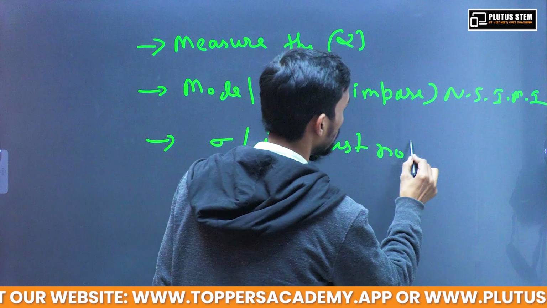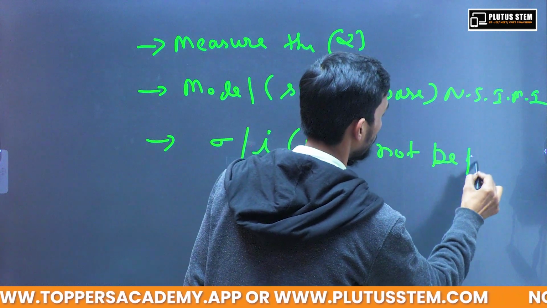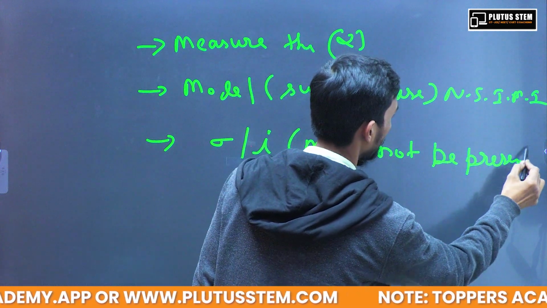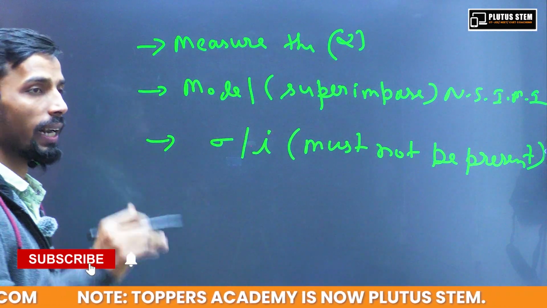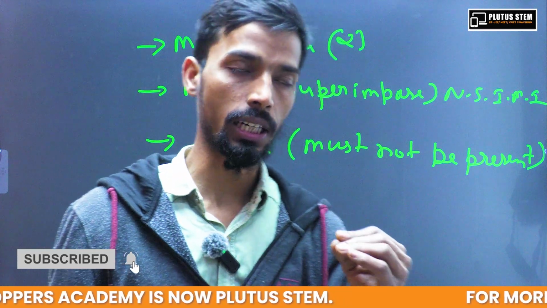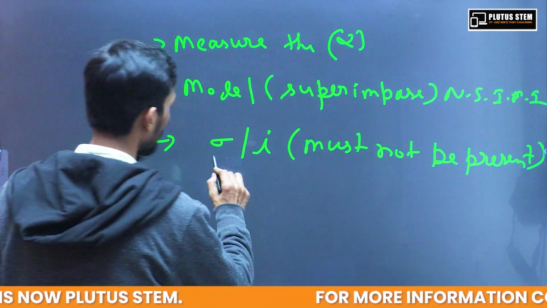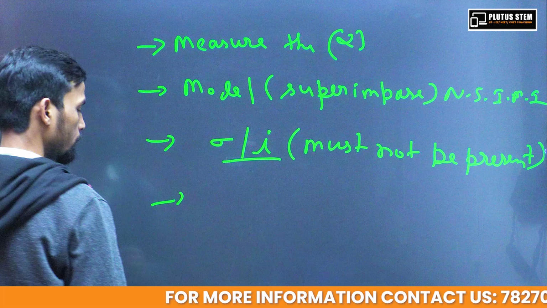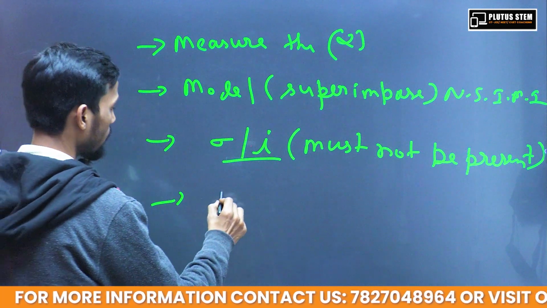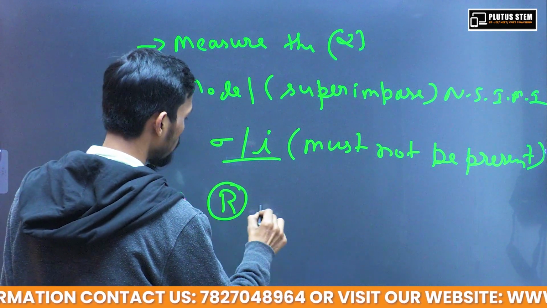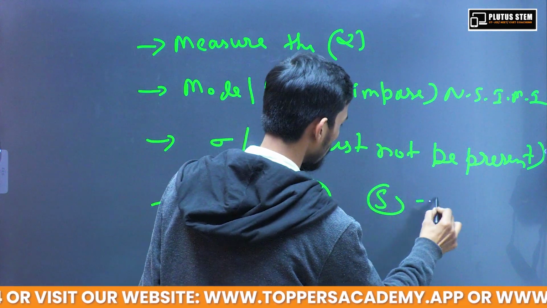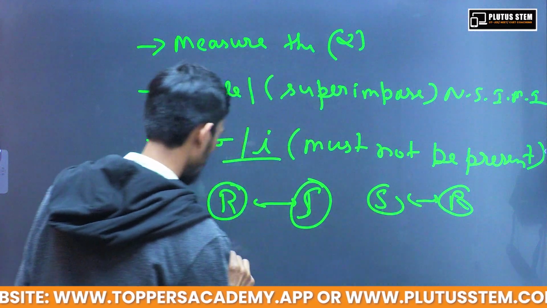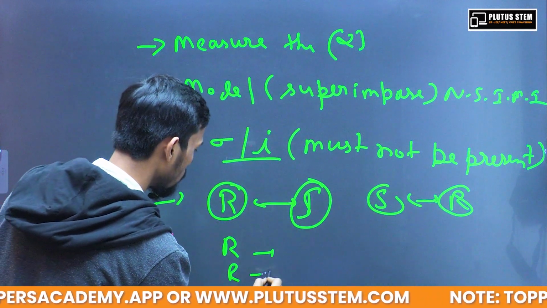Sigma and i should not be there. There is one more thing, SN, but that is for a higher level, so for you only sigma and i. And the fourth is R to S, S to R, RR to SS.